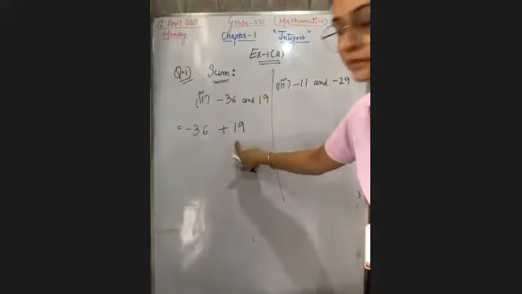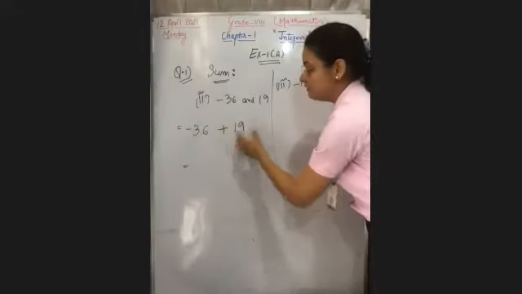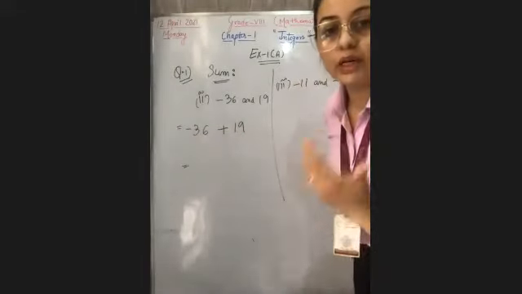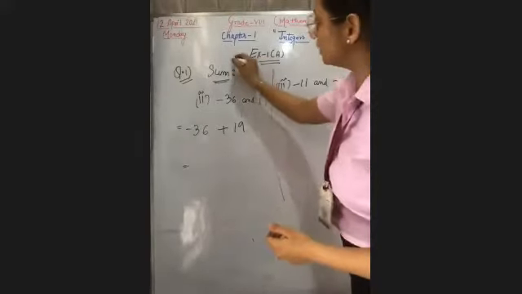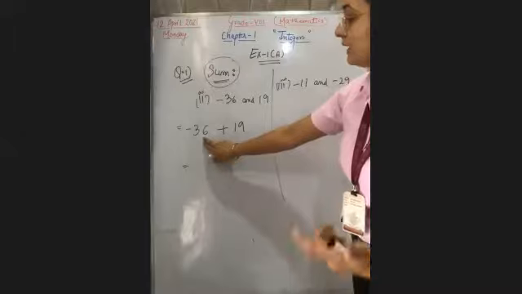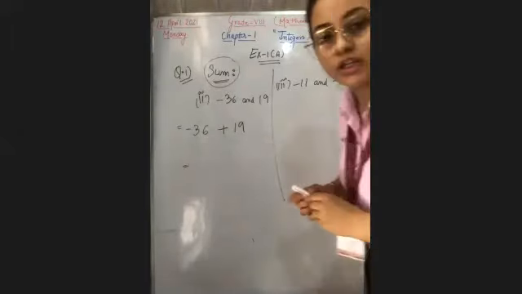Plus 19. Okay? Now tell me, if one value is negative and one is positive, what will we do? We will do addition or subtraction. The question is addition. But if one sign is negative and one is positive, what will we do? Addition or subtraction? Quickly tell me.